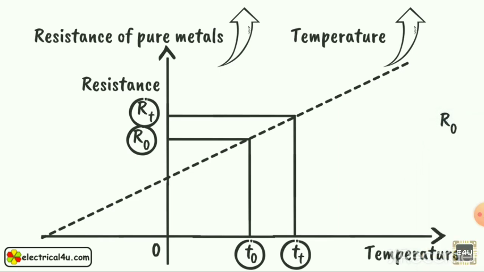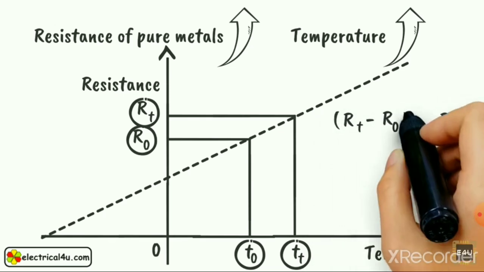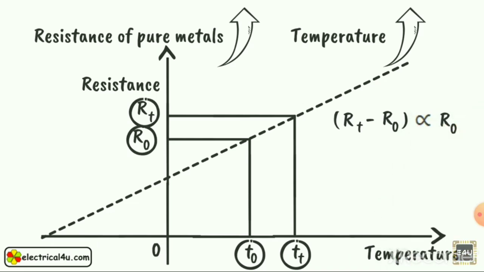In a simple manner, if the resistance of the conductor is more, the change will be more, and if the resistance of the conductor is small, the change will be small. Hence, the change in resistance due to change in temperature is found to be directly proportional to the initial resistance. That is, R_T minus R0 is proportional to R0.